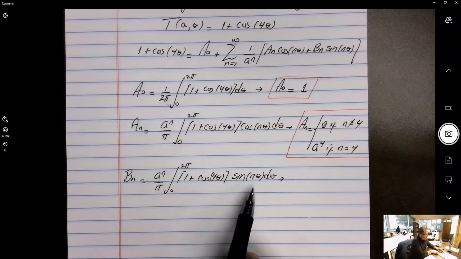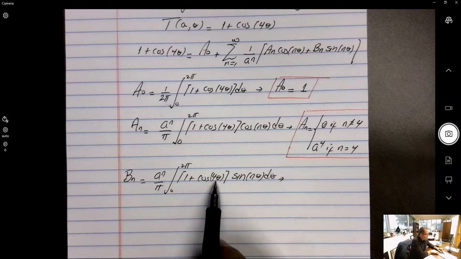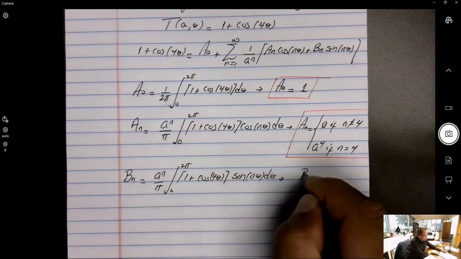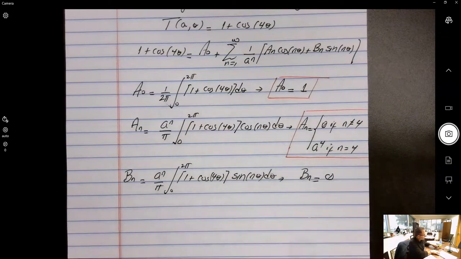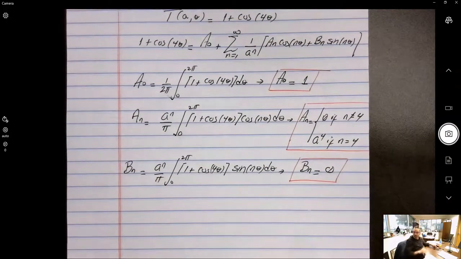The sine times 1 is the sine, and the integral of the sine is the cosine. The cosine evaluated at 0 is the same as the cosine evaluated at 2 pi, so that goes away. And the cosine of 4 theta times the sine of n theta, we can integrate that directly, and you'll get 0. The cosine times the sine, evaluated between 0 and 2 pi, will always integrate to 0.